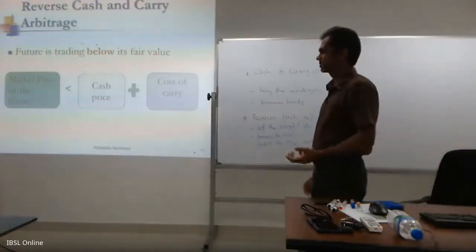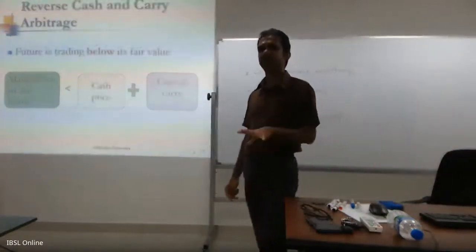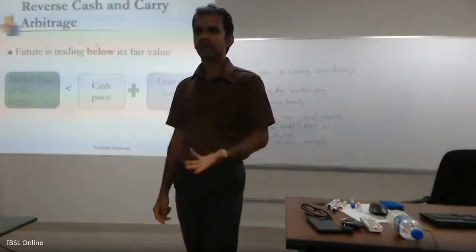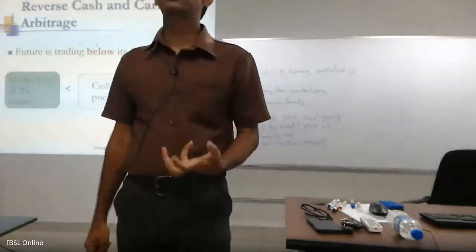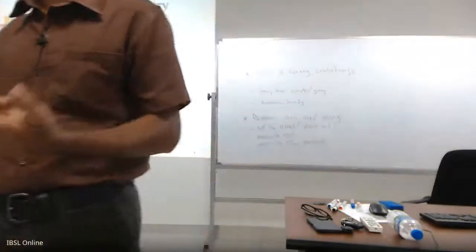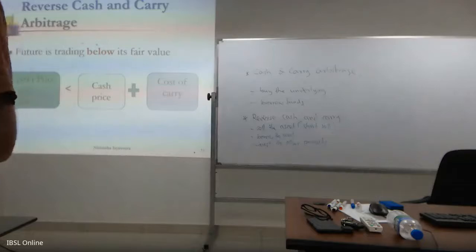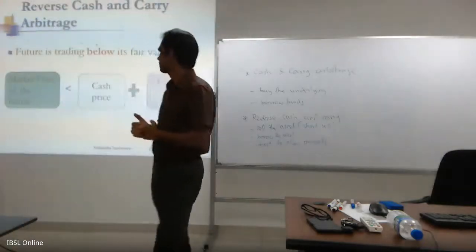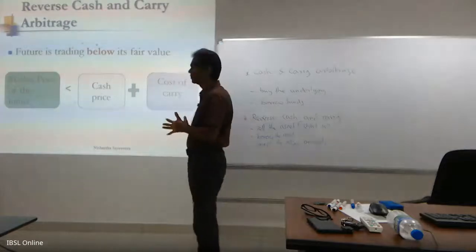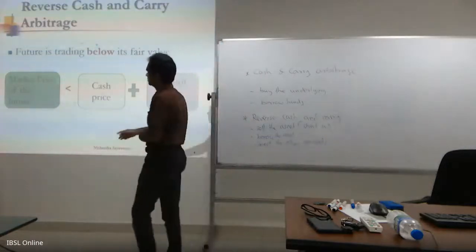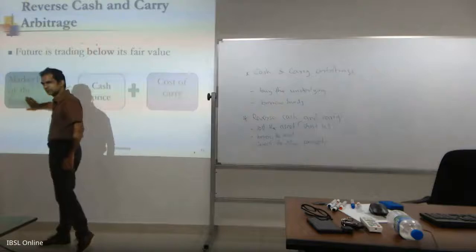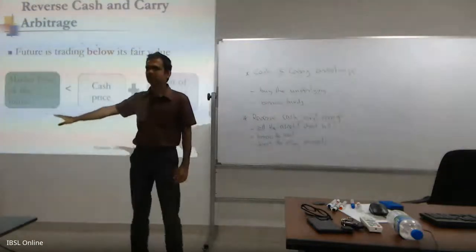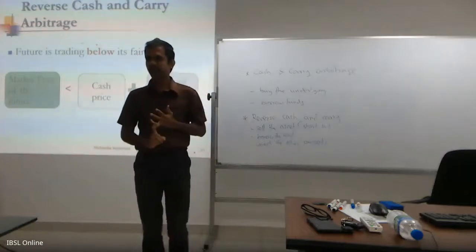When the market price of the future is less than the theoretical price, then the market is undervalued. At that time, we follow the reverse cash and carry trade. In reverse cash and carry, what do you do? Buy the future at the market price, then sell the underlying asset.